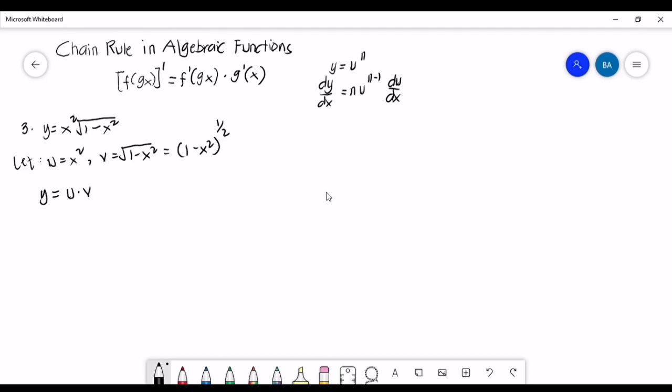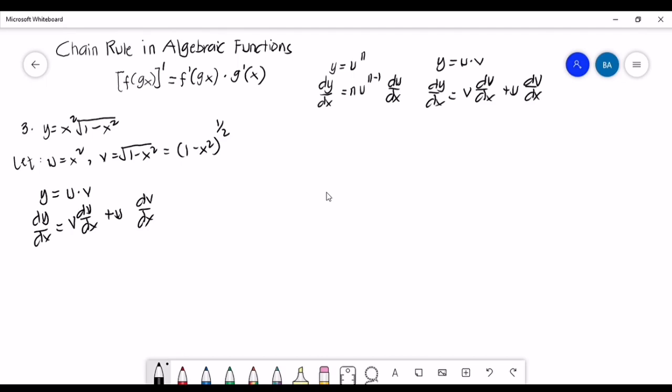This is already the application of the product rule, wherein, to review, if y is equal to u times v, our derivative with respect to x is equal to v du/dx plus u dv/dx. So this is already our answer: dy/dx equals v du/dx plus u dv/dx. Our u is already here, which is x squared, and our v is the square root of 1 minus x squared.